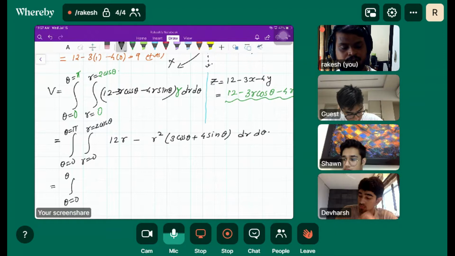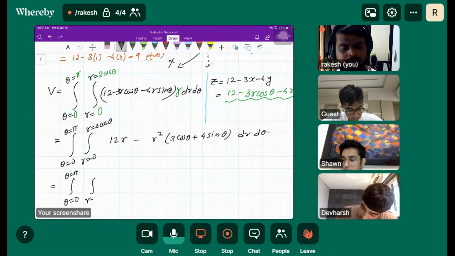If you find difficulty, you can refer to the screen. That would be R equal to 0 to 2 cos theta.